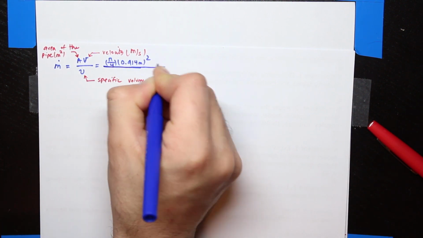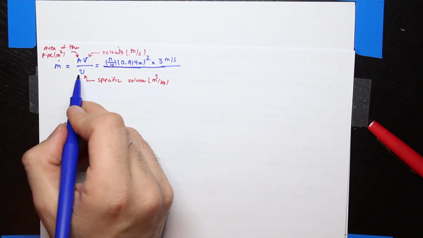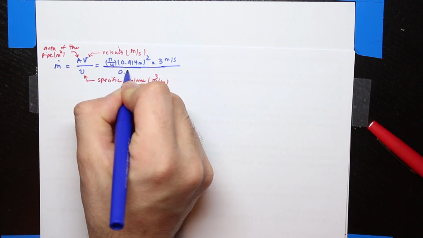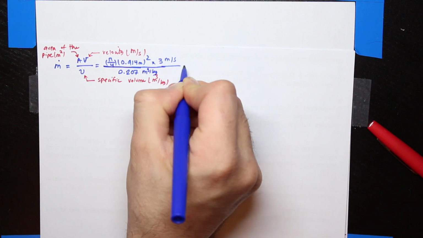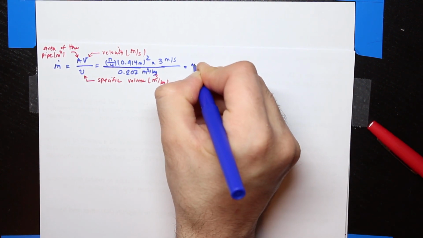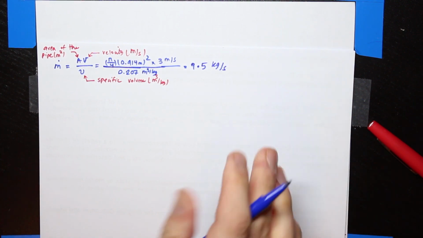That is my area. Velocity is given, 3 meter per second, and specific volume I just found on the previous page, that is 0.207 meter cube per kilogram. You do the math and you will end up with 9.5 kilogram per second for the mass flow rate.